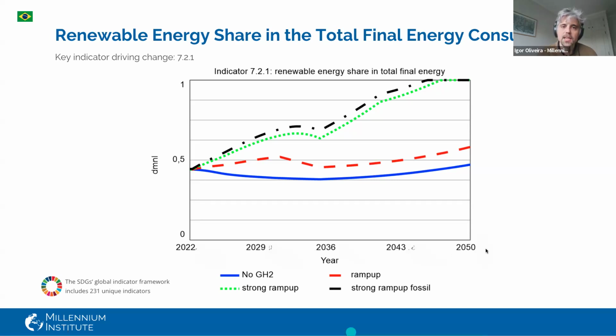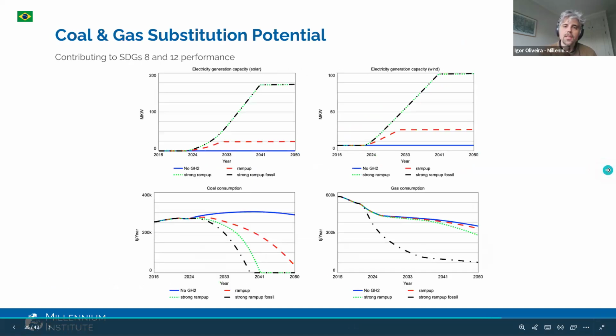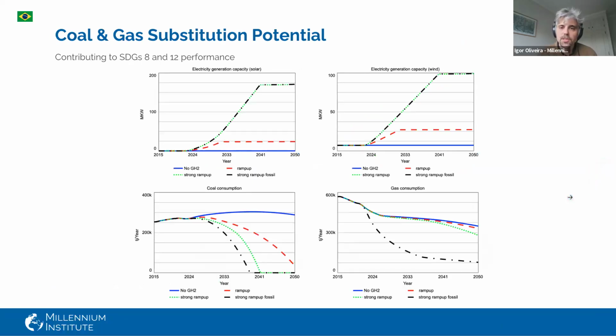In the next slide, you see some other indicators that we also simulated at the time: how consumption of fossil fuels would decline in each of the scenarios, how the capacity of each renewable generation source would evolve over time in each scenario, and so on.